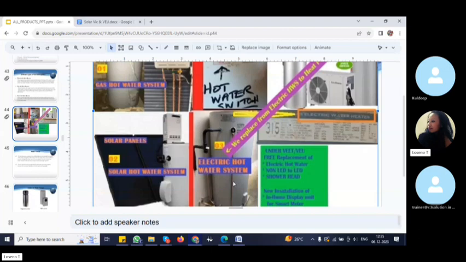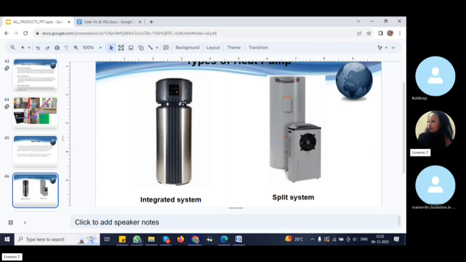This is an old electric hot water system. Usually if a customer is using an old system, they don't have a compressor. This is the compressor on top of it. So if any customer is using just a standalone tank without any compressor, that means they are still using the old electric hot water system, which is not energy efficient.